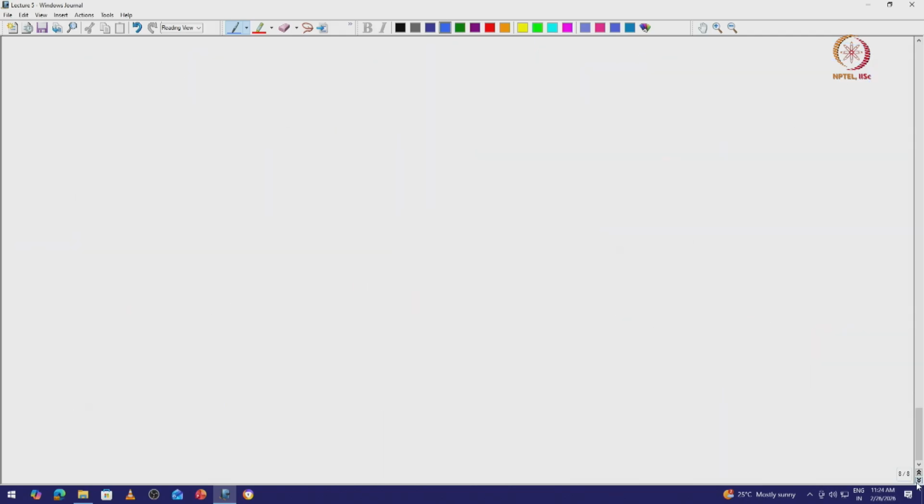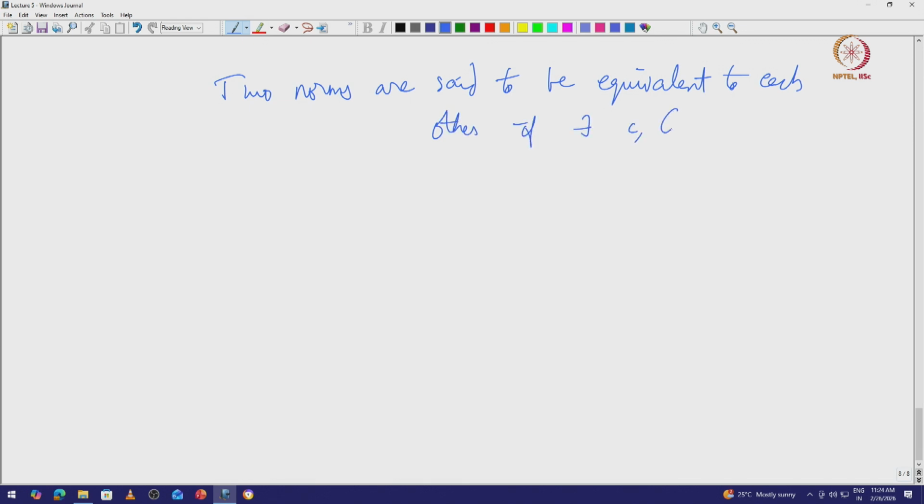But more crucially, two norms on any vector space, finite dimensional or not, are said to be equivalent to each other if there exist constants small c and capital C positive, such that for all vectors the second norm is less than the first norm, which is less than capital C times the second norm.